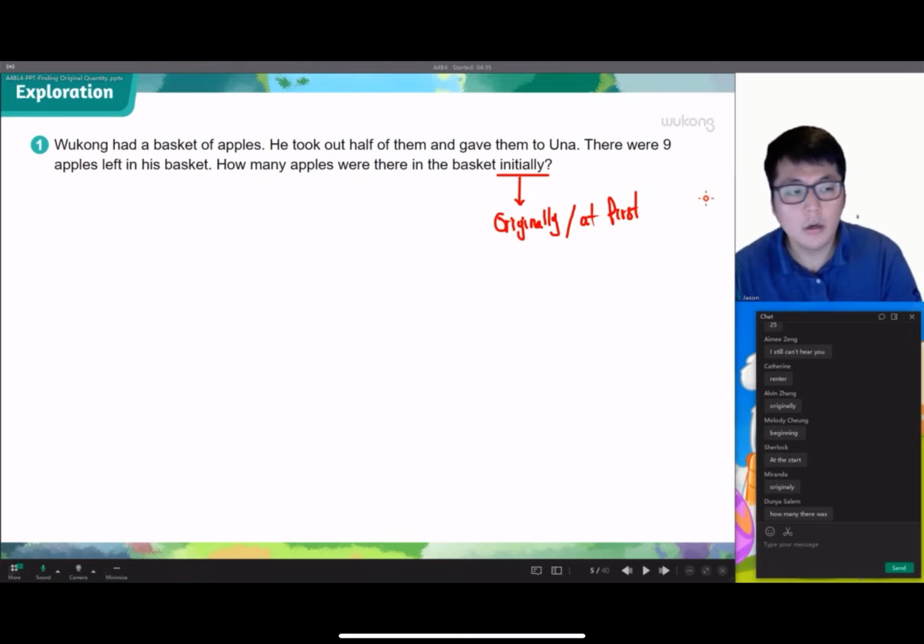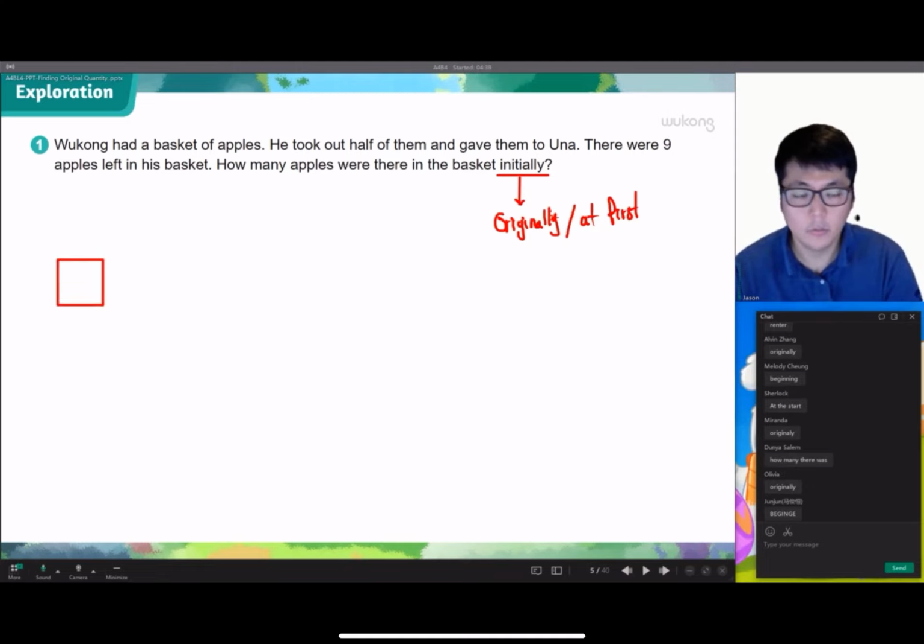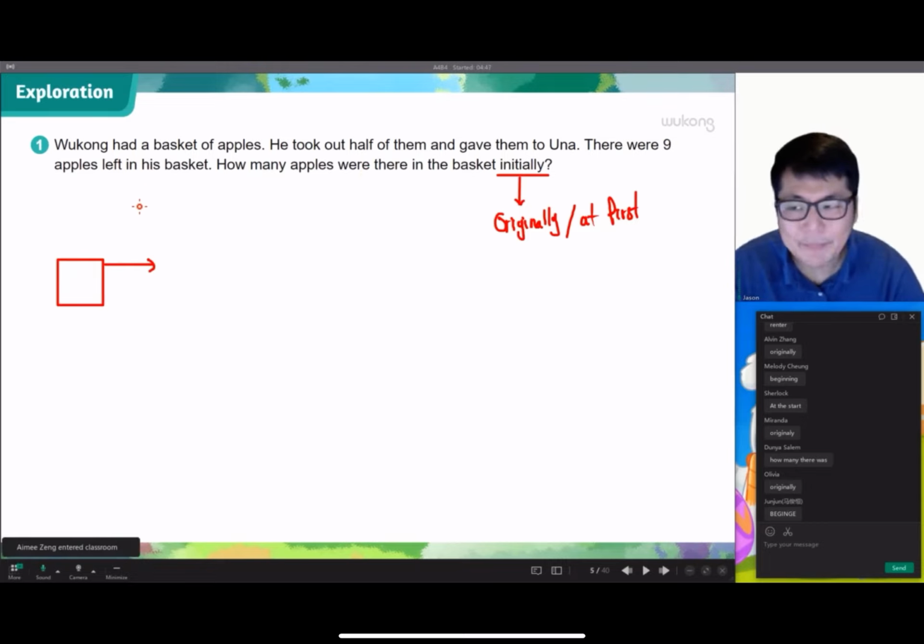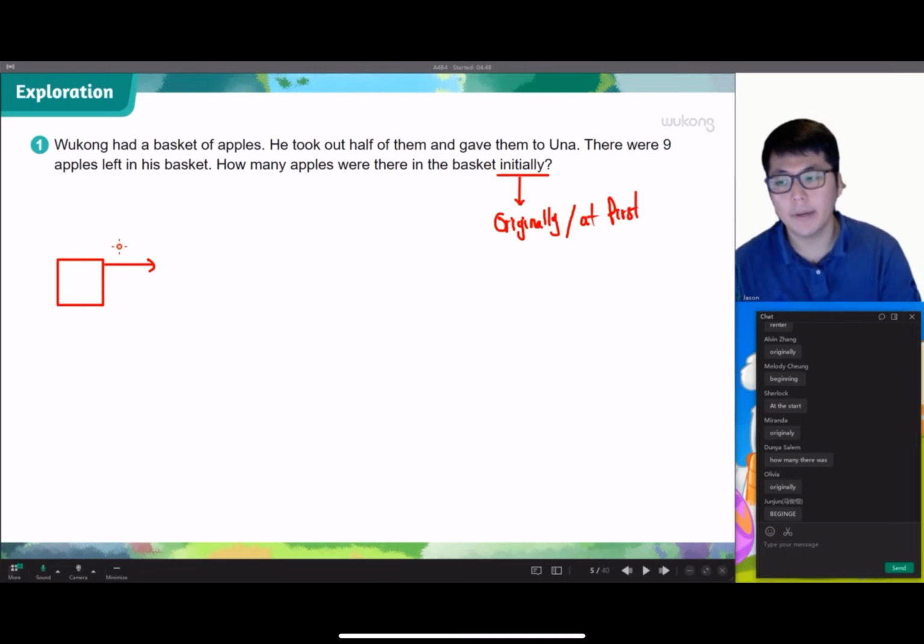Okay, so Wukong had a basket of apples. We don't know how much, so we need to draw a square. And he took half. So when you give half, that means you need to divide it by 2, everybody. So that's what it means by half. And after giving half to Una, there were 9 apples left.